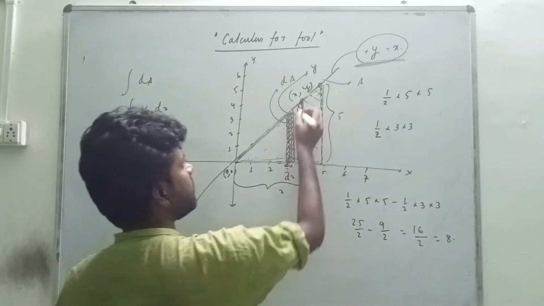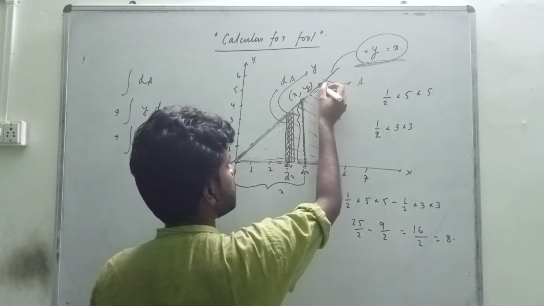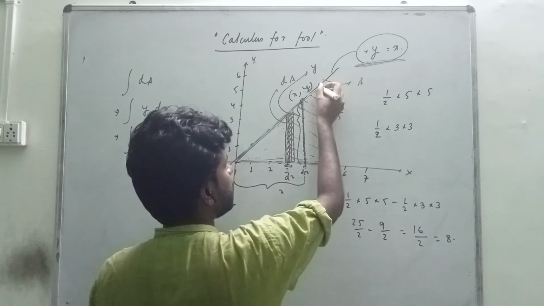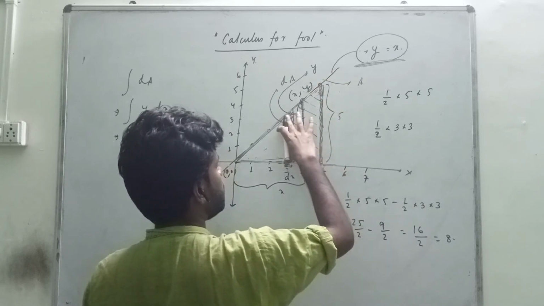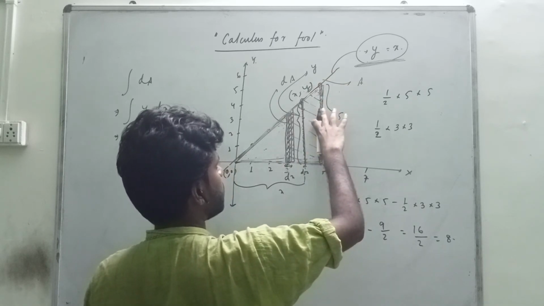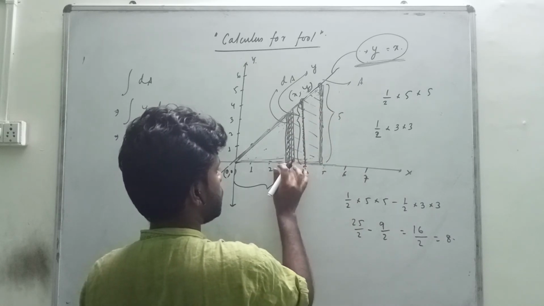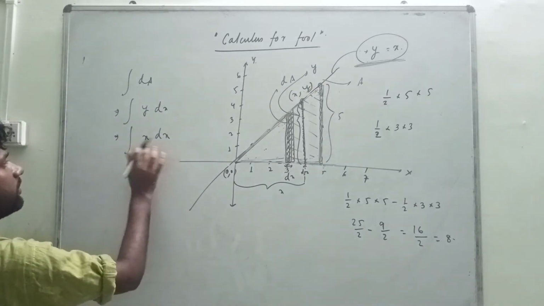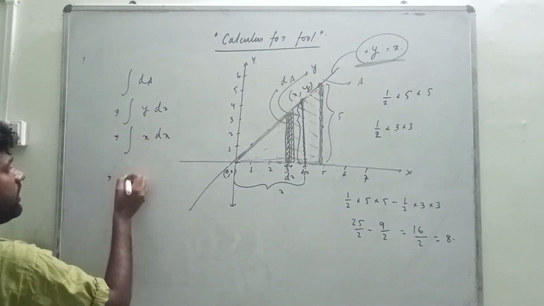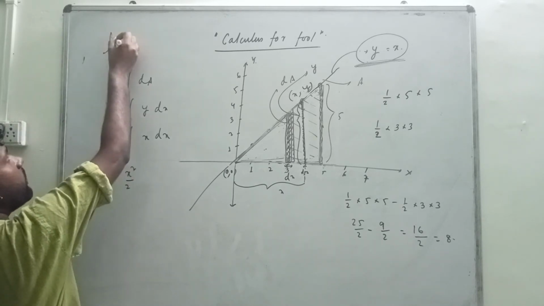And if you calculate these small areas from these areas to these areas, I mean from x equals to 3 to x equals to 5. Okay, so all of you know what will happen here. It will go to x square by 2 according to our formula.